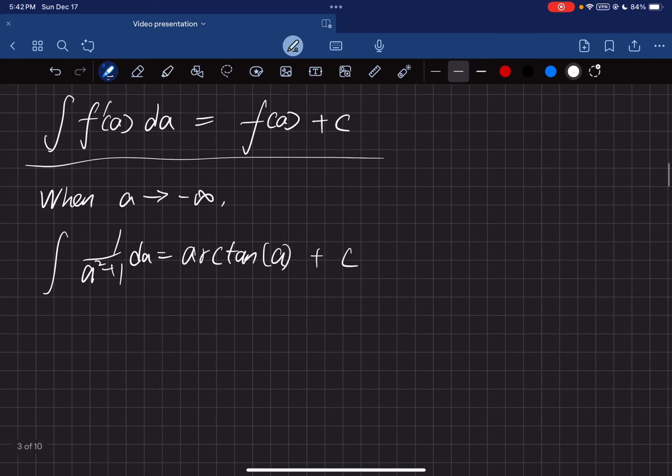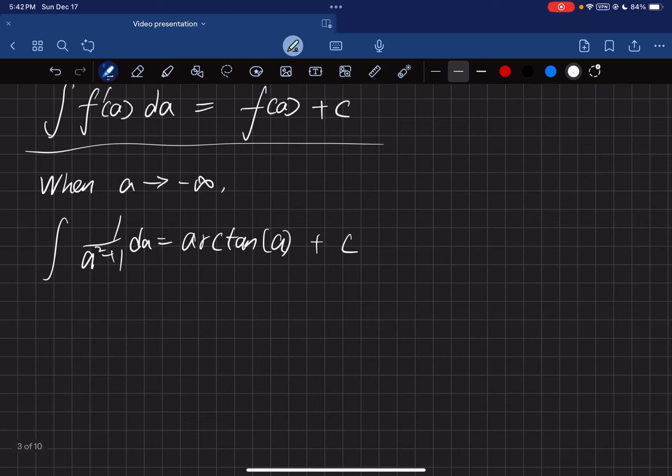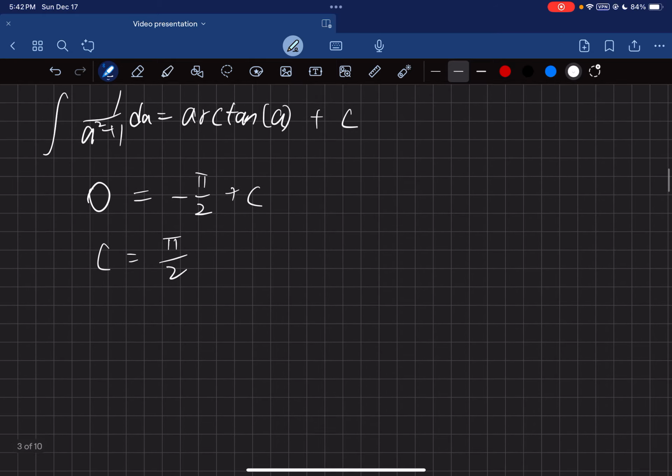Never mind. This is the f(a) function. So when a approaches negative infinity, this will be 0. And this will be minus pi over 2. And therefore c is pi over 2.